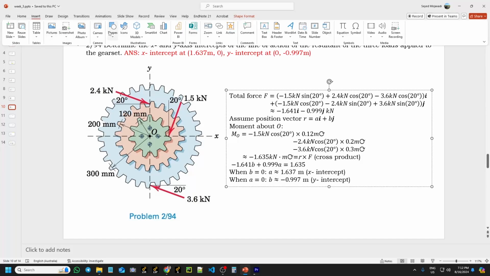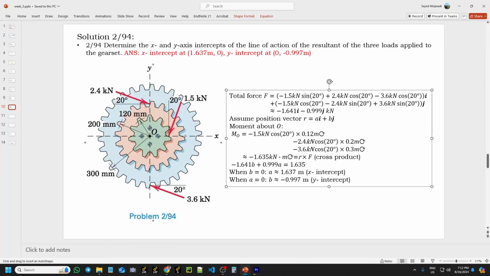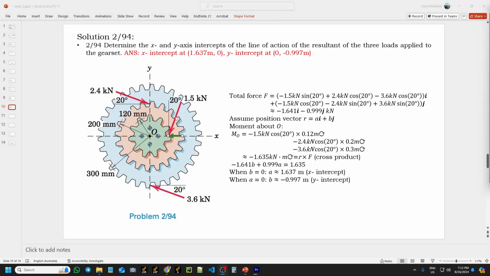Let's draw it. It will be in this way if you project it, okay? And also for this one, again, it will be on the left side. But for this one, it will be in this way, the x component, okay?